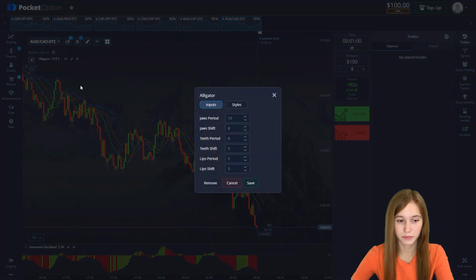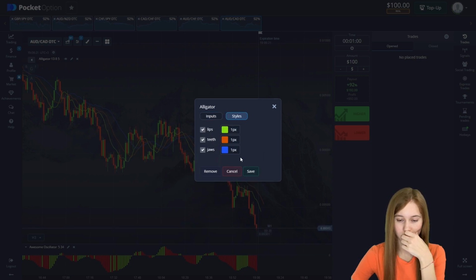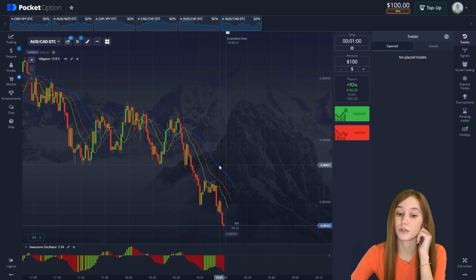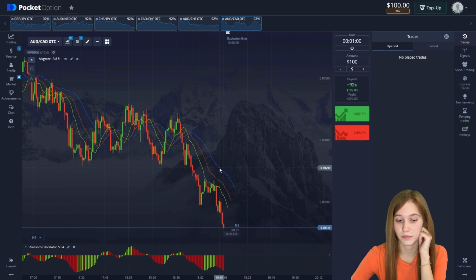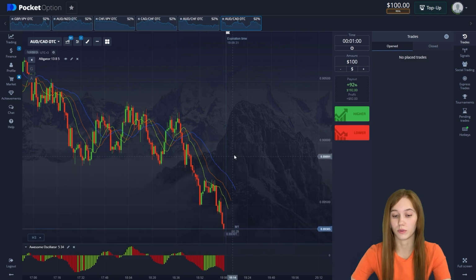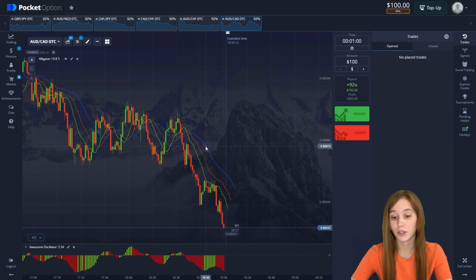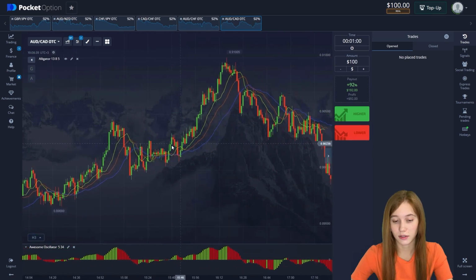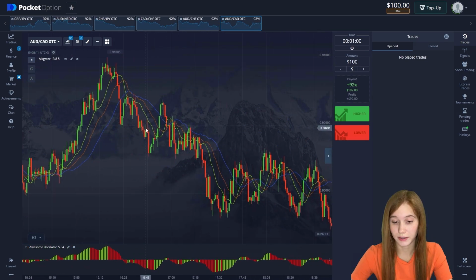These settings. So the most important thing to use the indicator is to concentrate on these 3 lines, so blue, red and green. If the green line prevails, then this is an upward trend, you can see it.